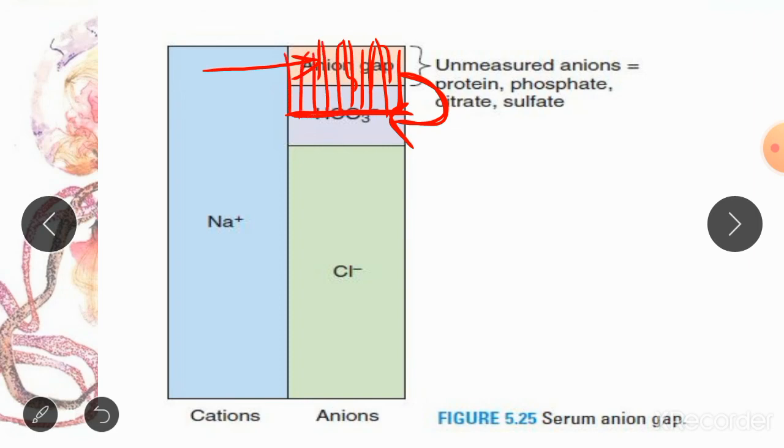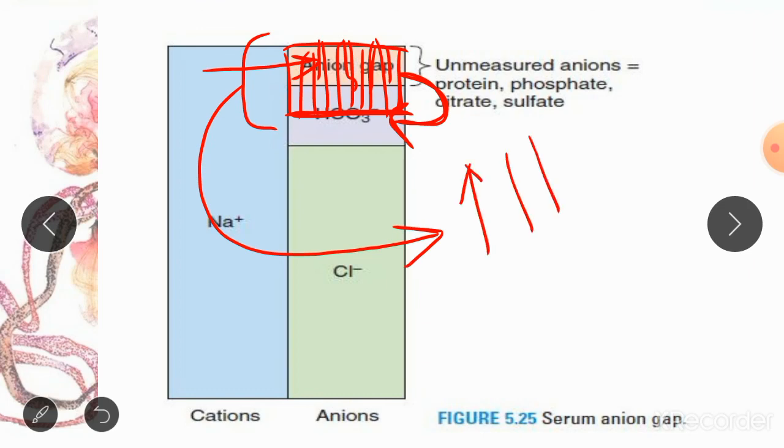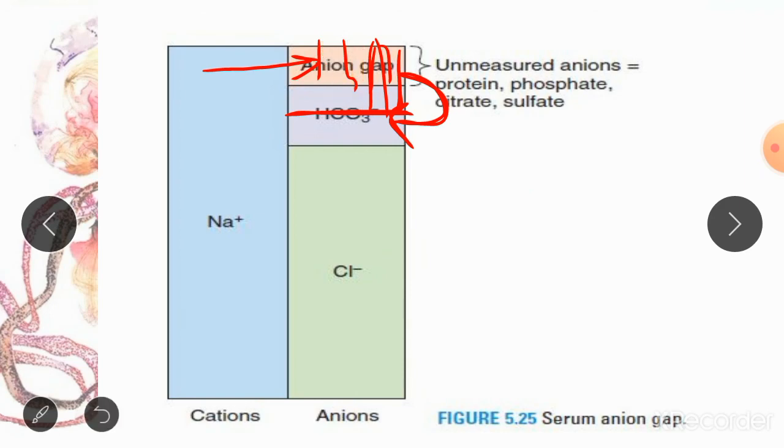And now you can see that the anion gap is increased, which tells you that the acidosis was due to increased organic acids and increased hydrogen ions, which have reduced your bicarb ions. And this is how anion gap can help in determining the cause of metabolic acidosis.